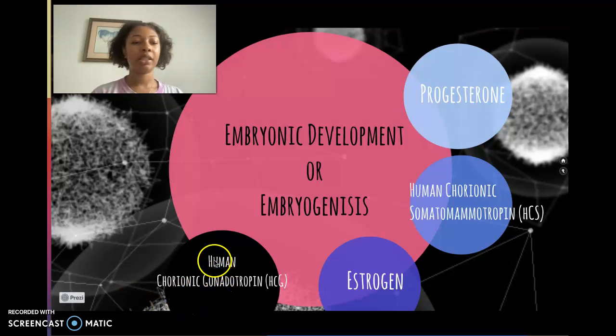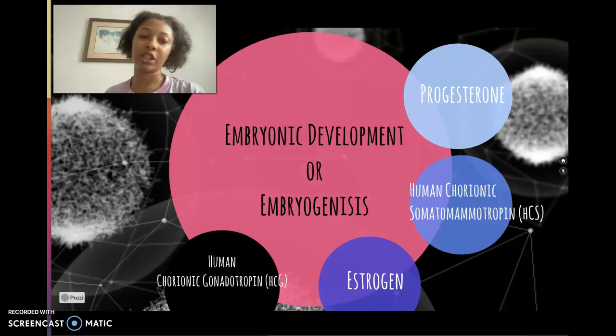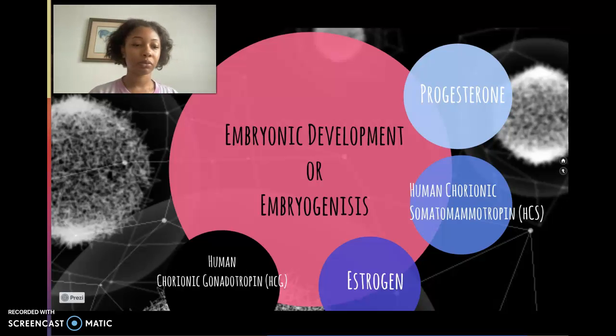It is a peptide hormone, and it's secreted by the chorionic villi and developing placenta. It's also structurally related to LH, which is luteinizing hormone, and it binds to these LH receptors.